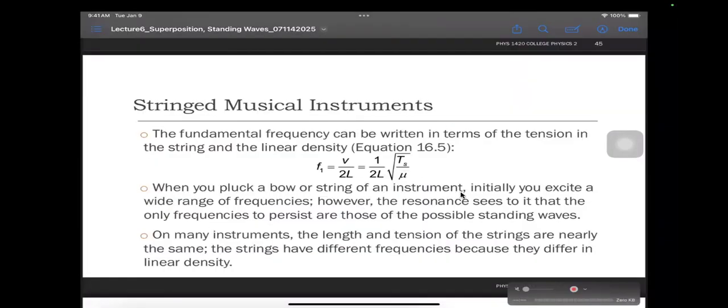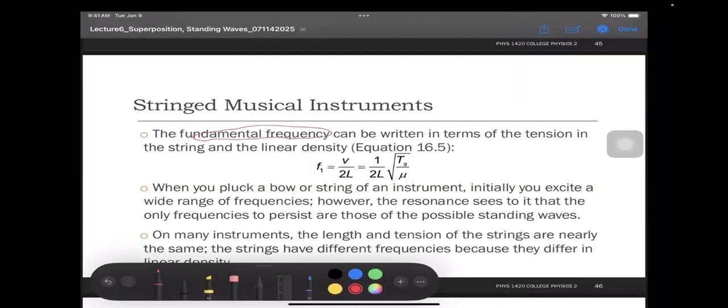Okay, let's talk about stringed musical instruments. We have talked about what the fundamental frequency is. It can be written in terms of the tension in the string and the linear density.